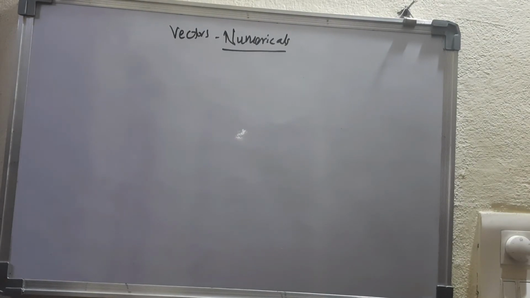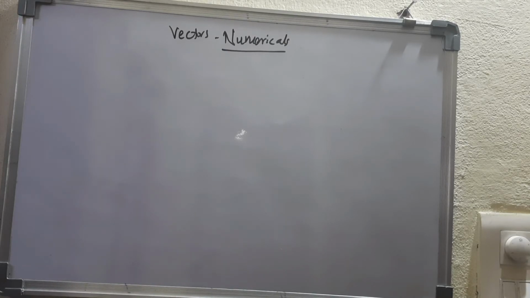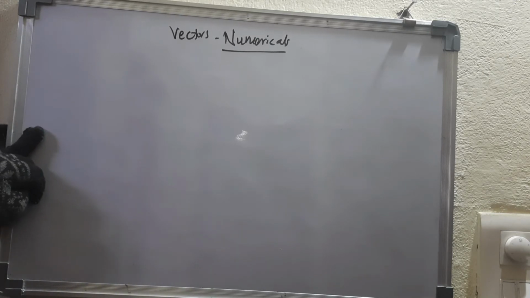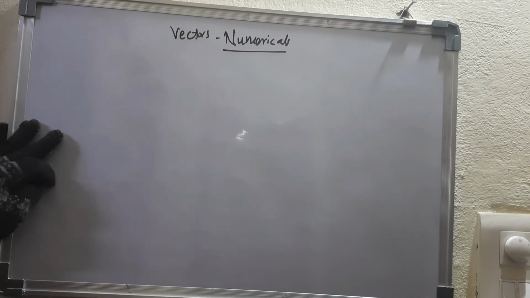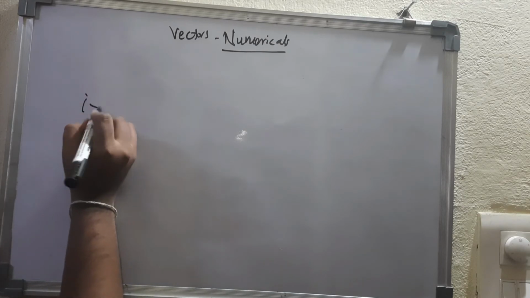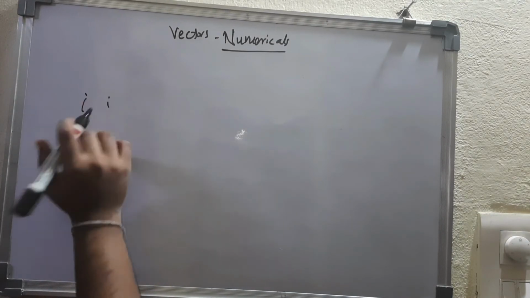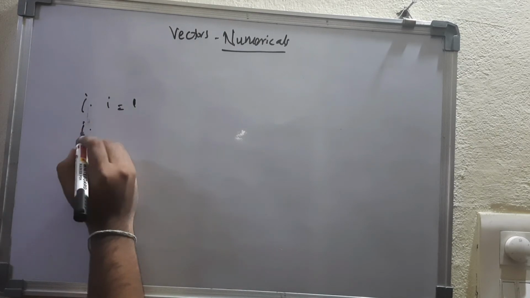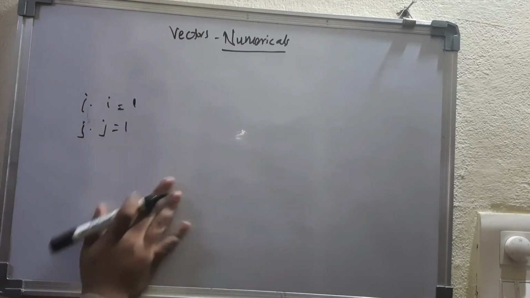Now coming to, I did a question on addition of vectors, then resolution of vectors, then product of vectors. You know the product of vectors in dot product: i dot i becomes 1, i dot j becomes 0.